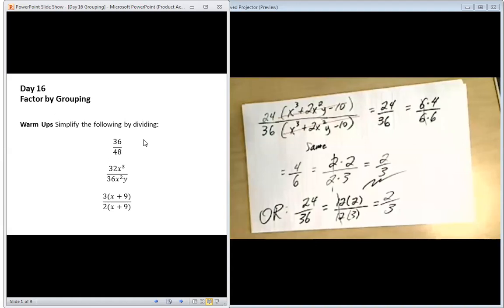Okay, so let's go on to the next set here. Perfect. So here's what I would like you guys to do for these. Together in class with your friends, try and figure out the GCF of each of these questions.